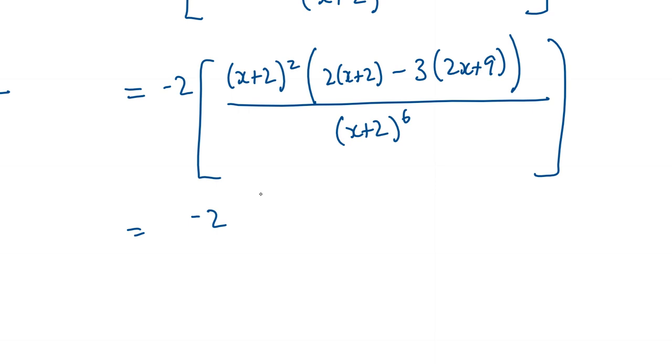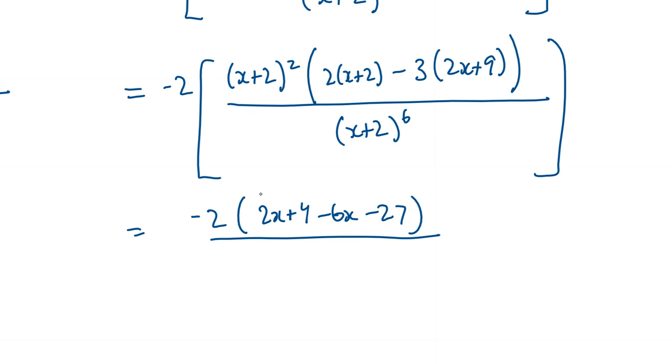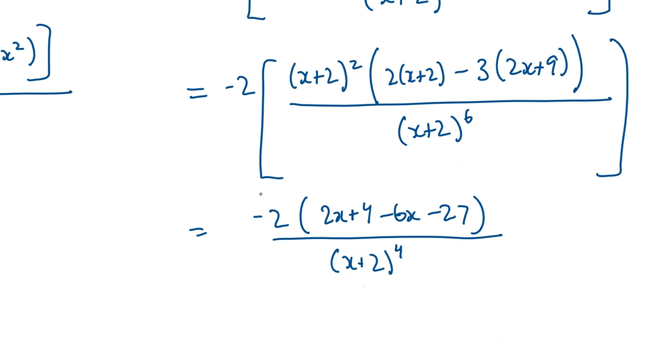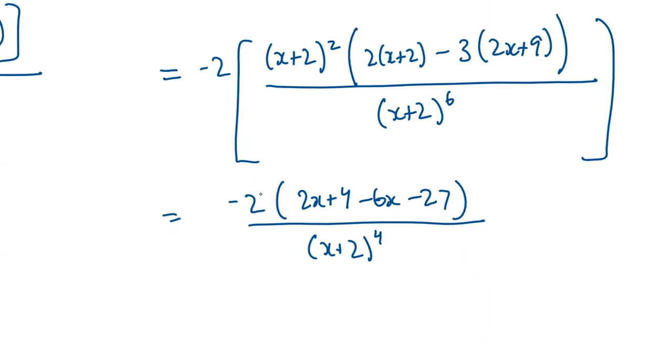The x plus 2's divide, and I get x plus 2 to the 4th. And you remember when we first started doing this, how I told you that the denominator will always be increasing by a power. So you see this when you take the derivative twice. It started as x plus 2 squared. Next one was x plus 2 cubed. Next one is x plus 2 to the 4th. After you've fully simplified, you're going to see that happening in these rational functions. So it's a good check that you're on the right track.